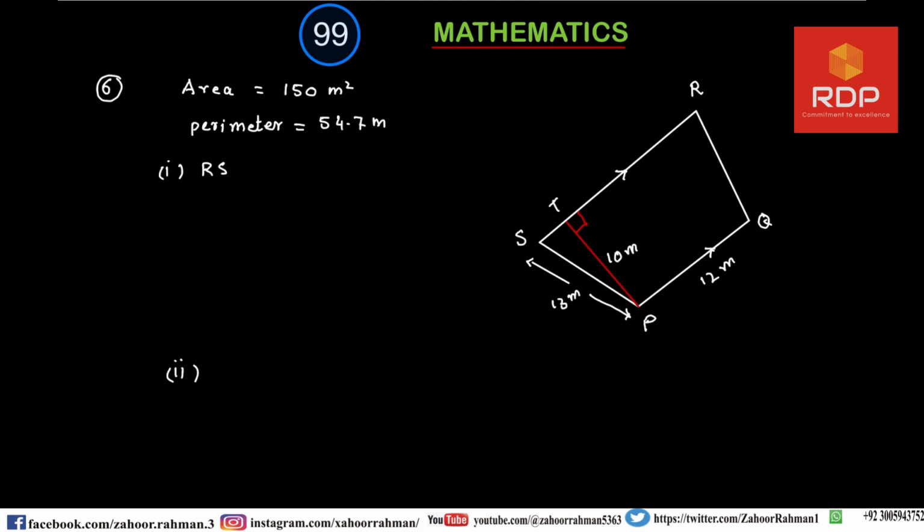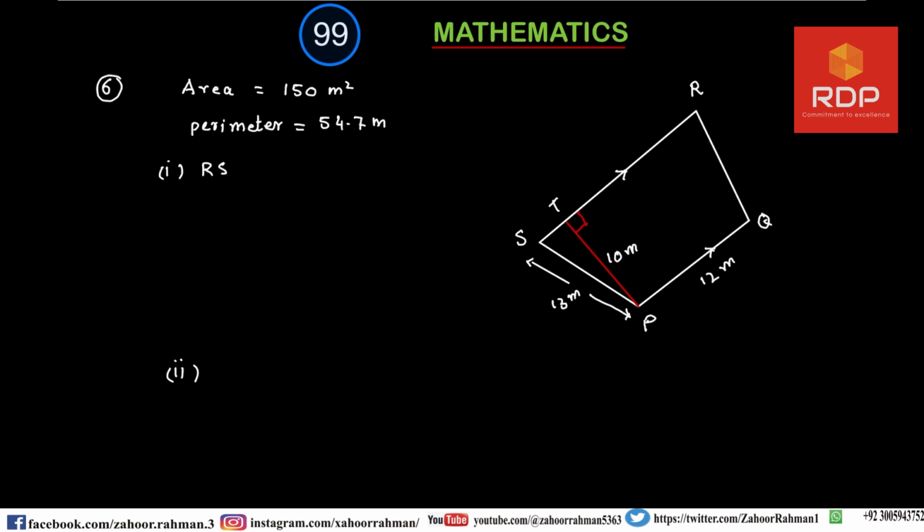This is the 99th lecture of mathematics, and in today's lecture we are going to start question number 6. Question number 6 is saying the figure shows a trapezium PQRS where PQ is equal to 12 meter and PS is equal to 13 meter.